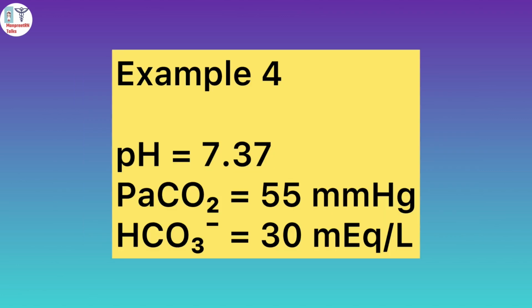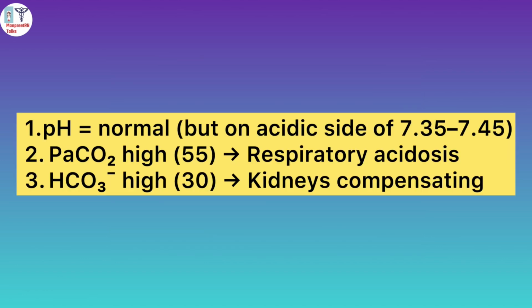Example 4. pH is 7.37, PaCO₂ 55, bicarb is 30. So let's solve this. pH 7.35 to 7.45 is normal. So that is normal, but a little bit on the acidic side, 7.37.